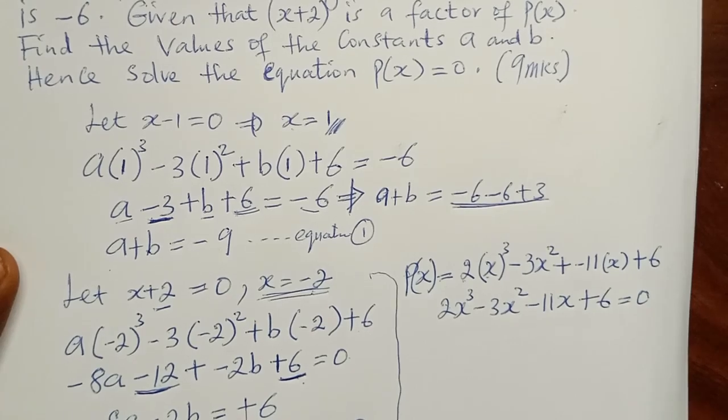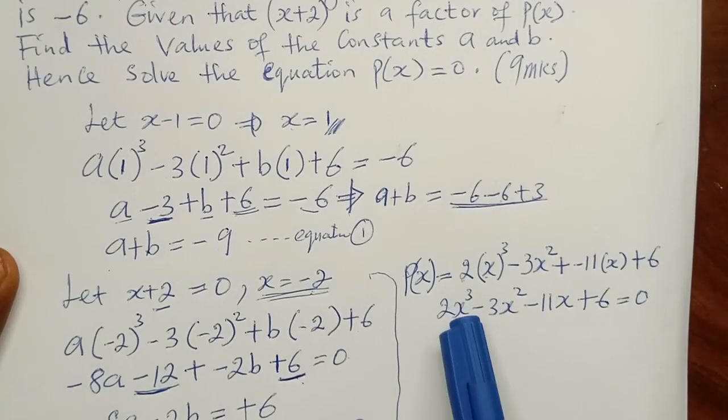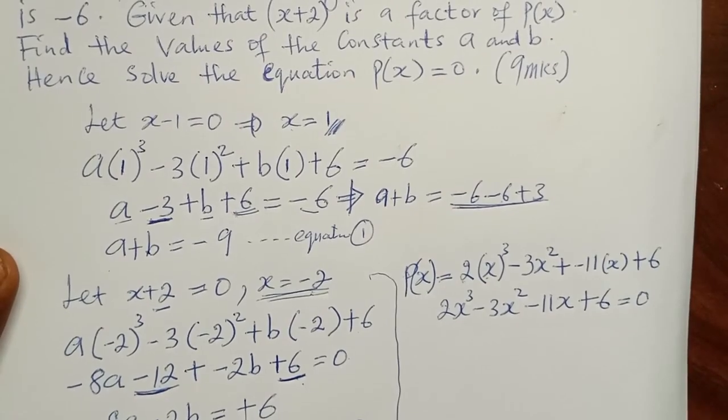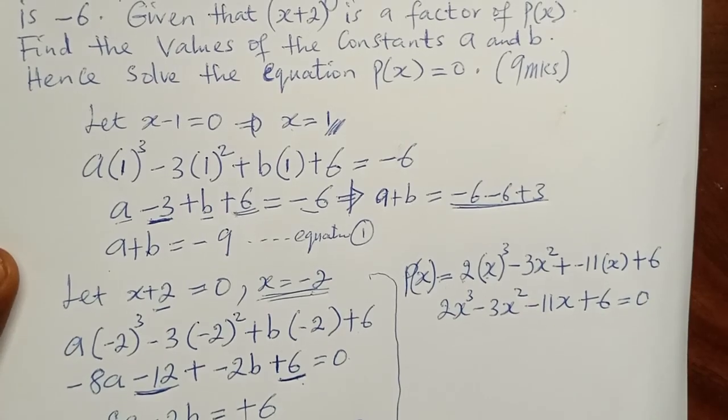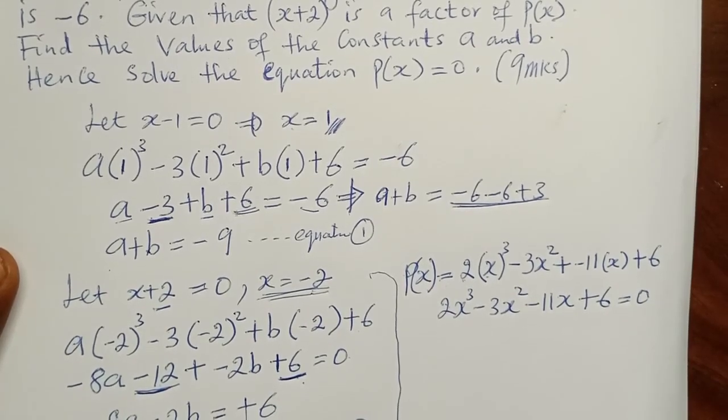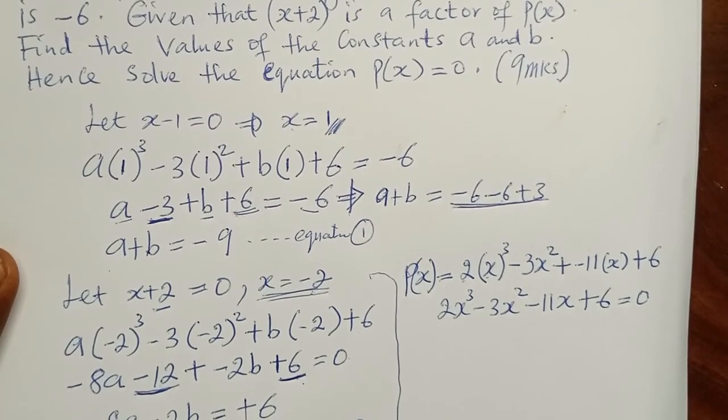But in this case you cannot, because of the x cubed. In other words, we must simplify this expression so that we have just x squared, and then solve it using the quadratic formula.